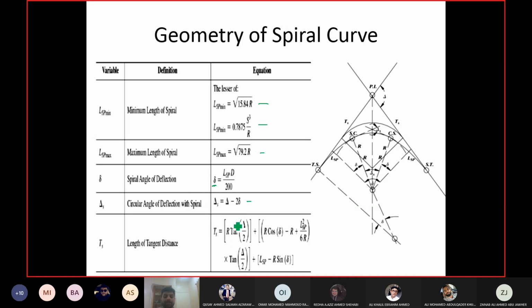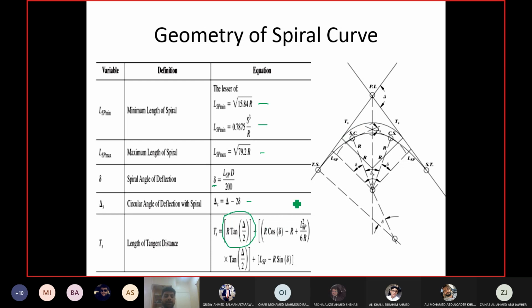Then we have length of the tangent. Length of the tangent is taken from TS to PI. Again, if you did not have a spiral curve, then length of the tangent is calculated by this equation, which you have already studied previously. This equation can be used to calculate length of the tangent, which will be from PC to PI, without a spiral curve.